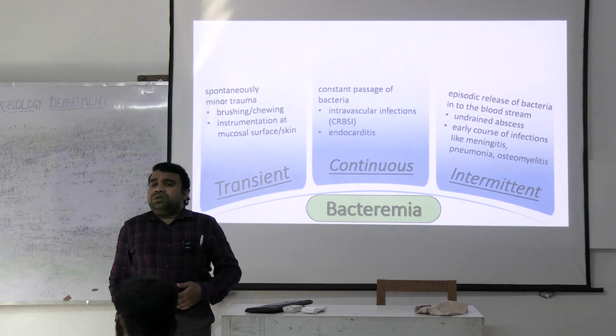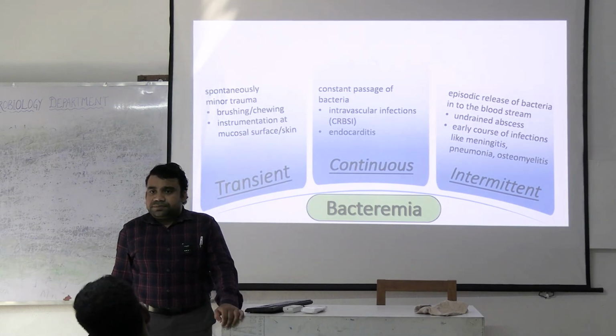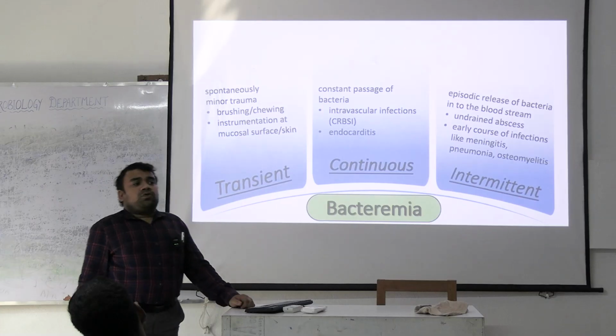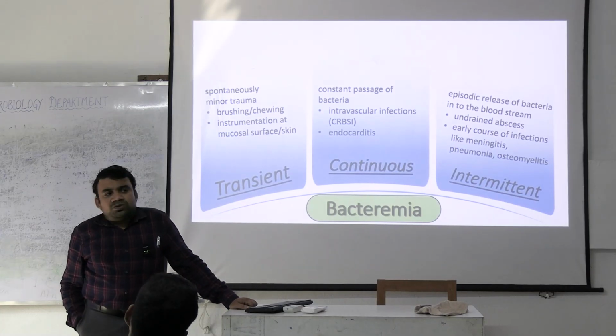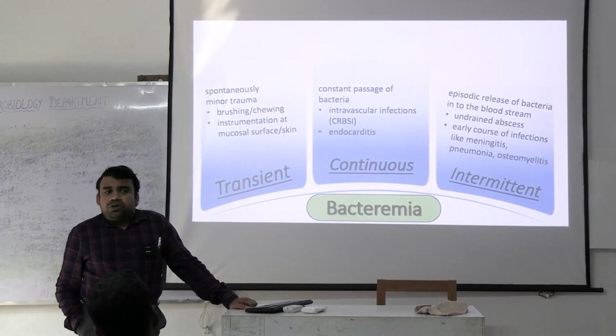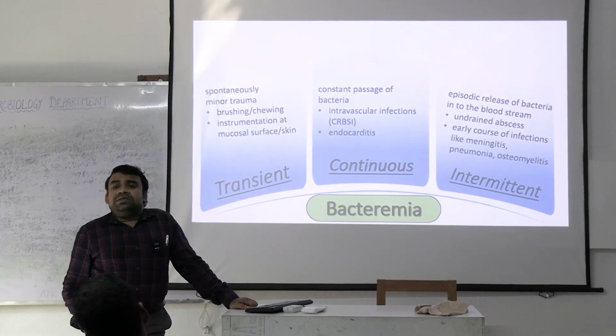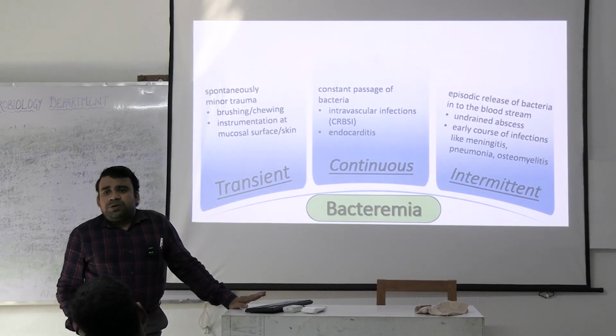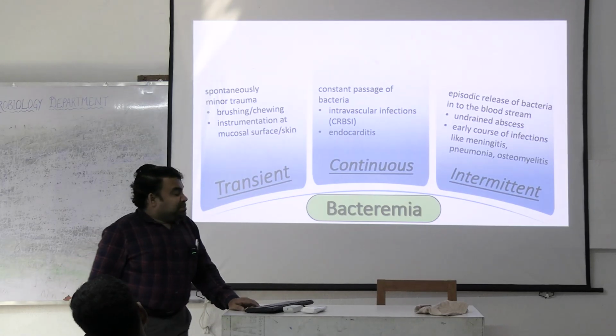So what we will get? We will get intermittent bacteremia. Now why am I telling you all this? Because we have to look at how the bacteria gain entry into the bloodstream, and it also will determine how we diagnose the bacteremia from the laboratory point of view. Okay.